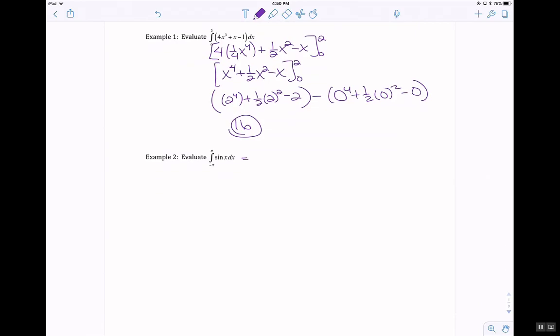Antiderivative of sine is negative cosine, going in parentheses from negative pi to pi.